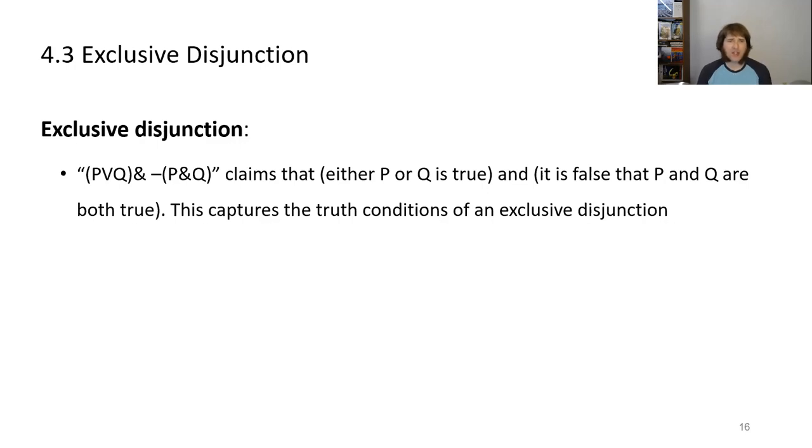This conjunction here produces an exclusive disjunction. We have as one conjunct, on the left-hand side, P or Q, right? That's just a normal inclusive disjunction that says either P is true or Q is true, or both P and Q are true. That's our leftmost conjunct. We then have the conjunction in the middle. Right after the conjunction is a negation. I put a little space here just to show we've got the conjunction in the middle.